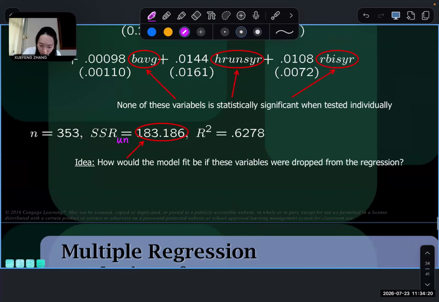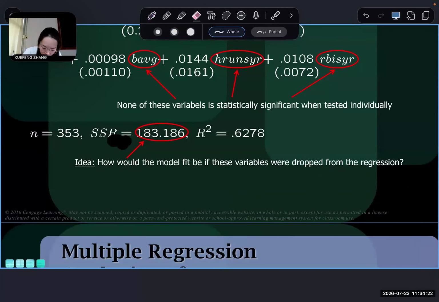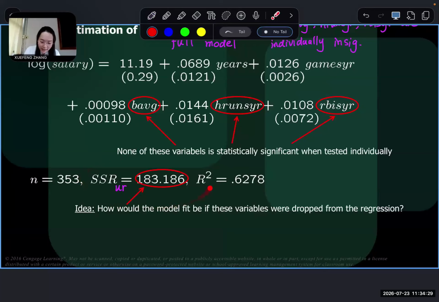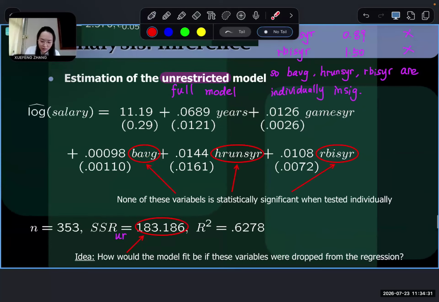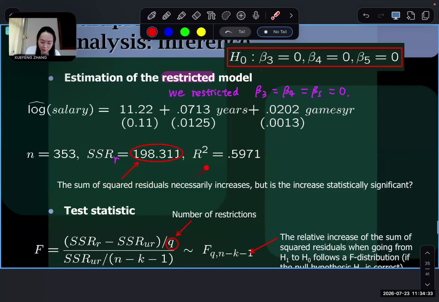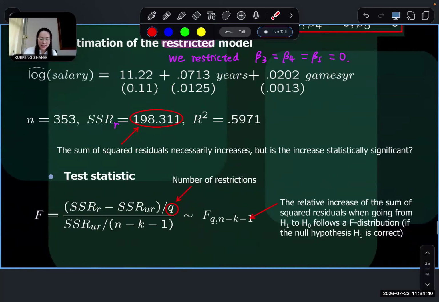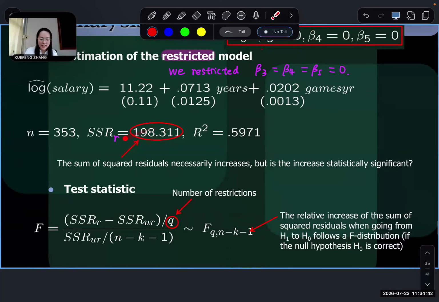This page showed you the SSR for the unrestricted model, and here is the SSR for the restricted model. Notice that from 183 to 198, the sum of squared residuals necessarily increases. But is this increase statistically significant?